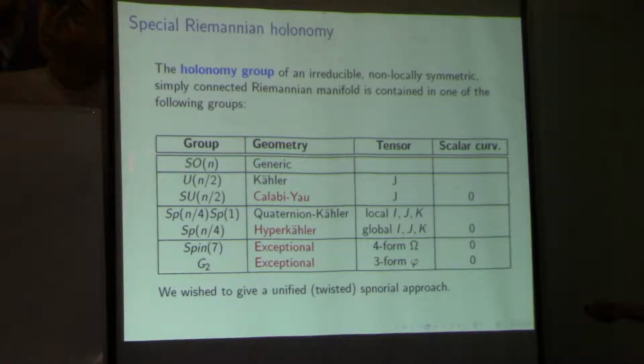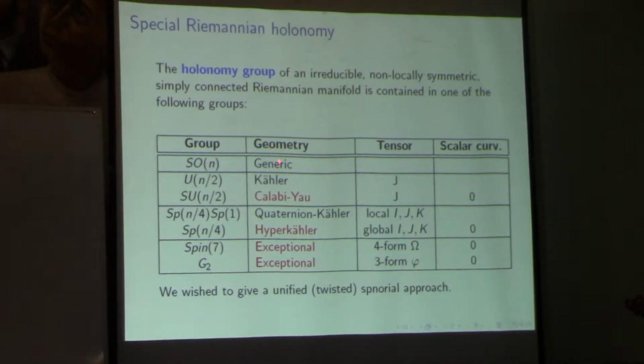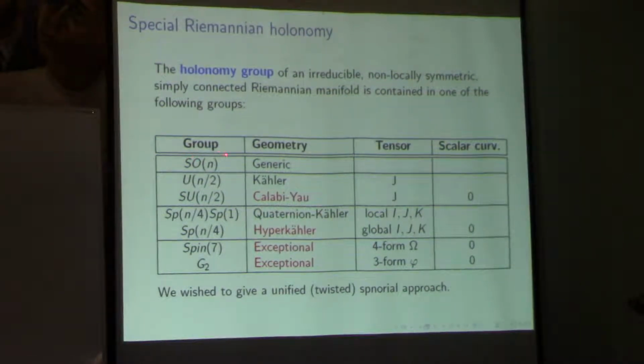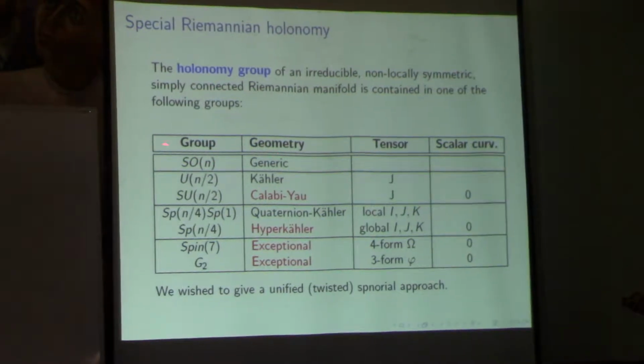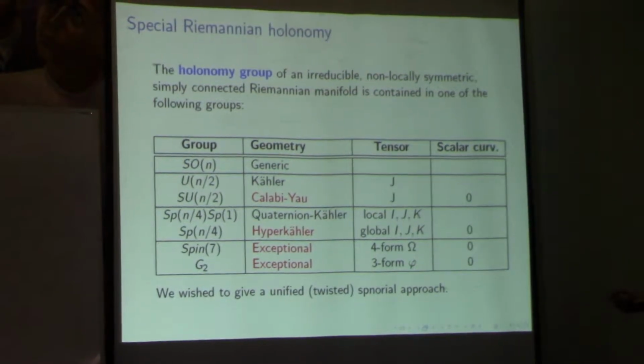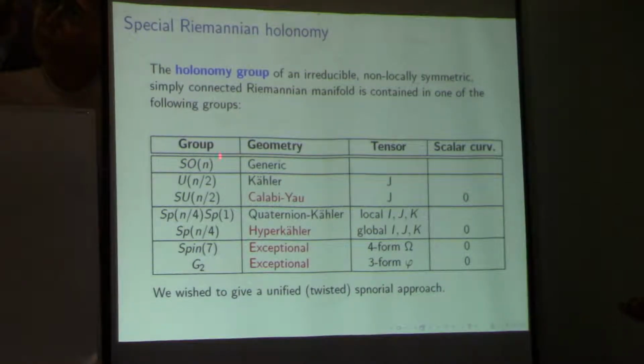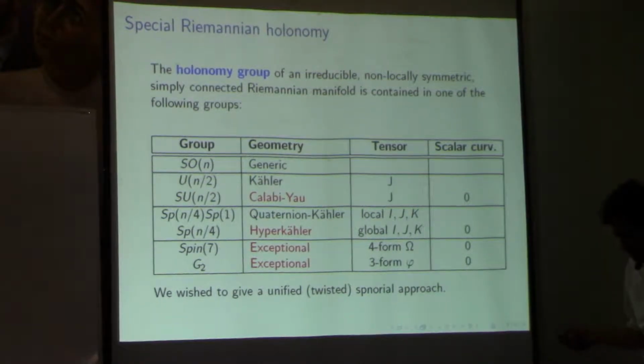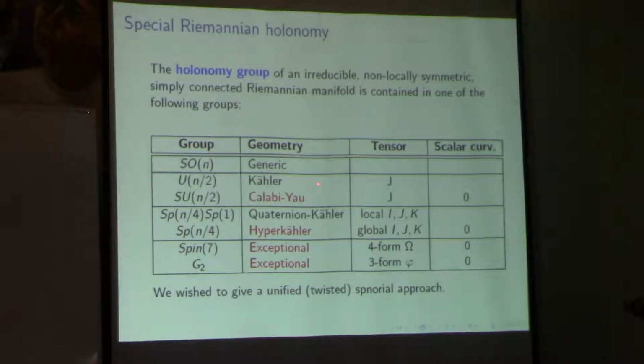Anyway, so given this phenomenon, when the holonomy group is contained in SO(n), it is what is called generic holonomy. But when it's contained in these particular subgroups, they acquire well-known names, like the Riemannian manifold would be a Kähler manifold, which has a complex structure that is parallel with respect to the Levi-Civita connection.